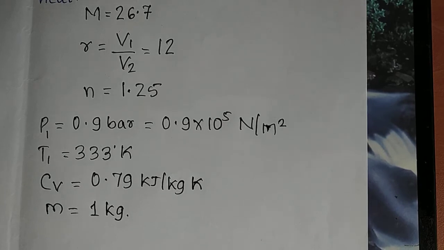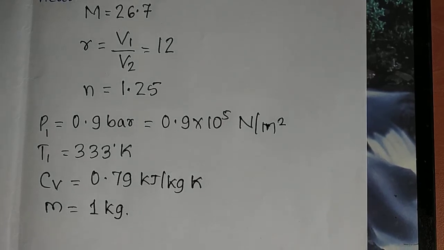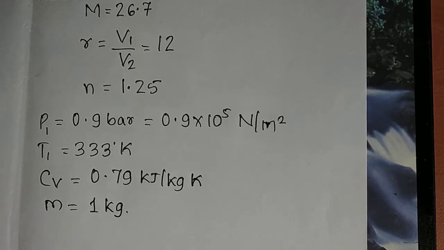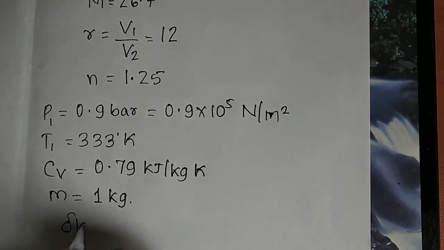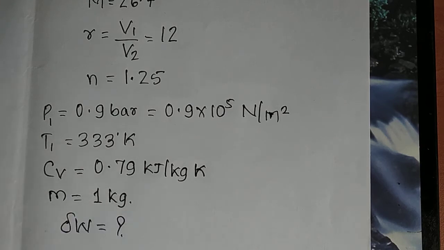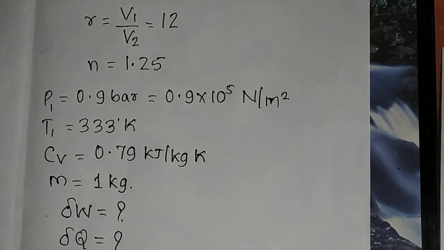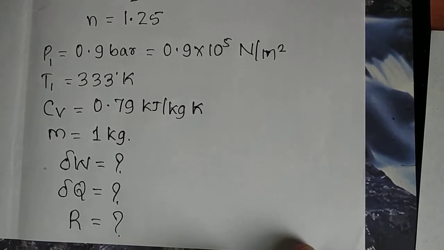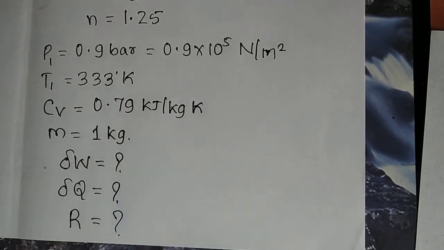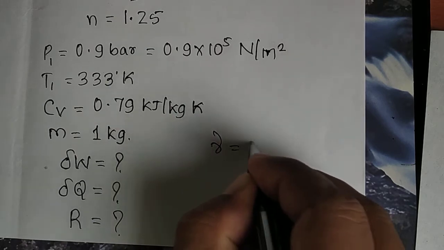Now let us continue and find out, per kg of mass, the work done, so you need to find out dou W. Then heat flow across the cylinder walls, that is, you need to find out the value of dou Q. Then you need to find out the gas constant, that is R, as well as the ratio of specific heats, that is gamma.